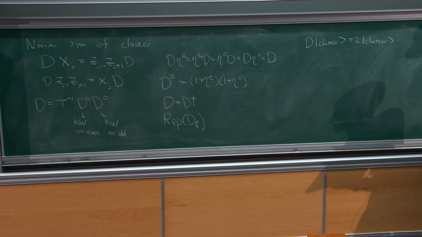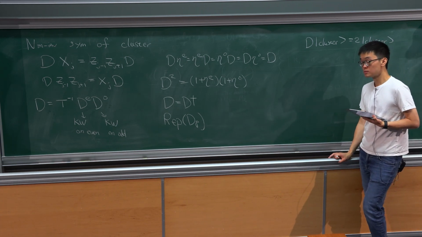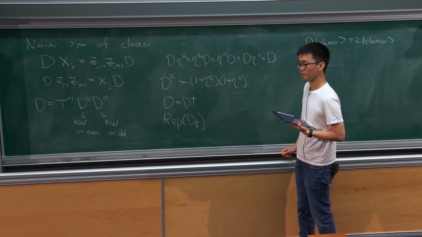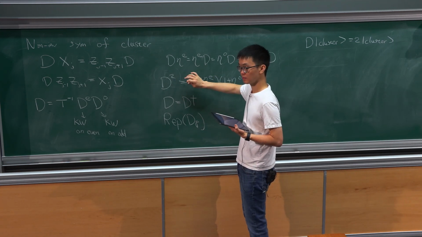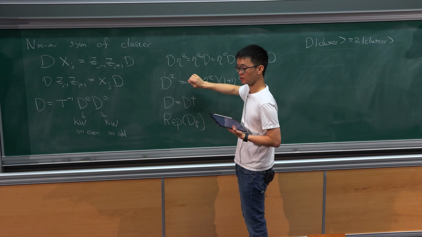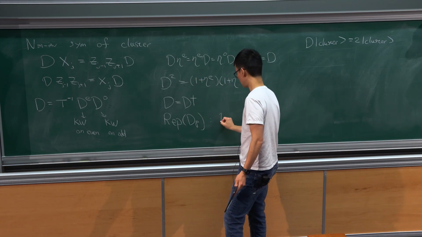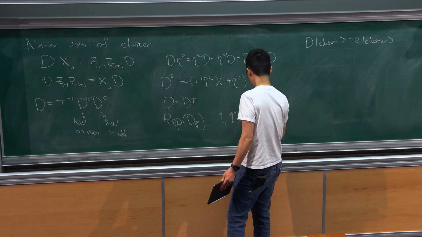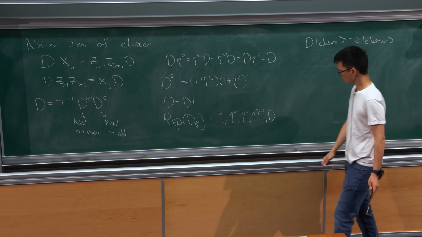In Rep D8, will D, eta E, eta O be a simple object in Rep D8? So D times eta even? No, just D and eta E and eta O. Whether these three can be viewed as simple objects in Rep D8. Right. So the simple objects are 1, eta even, eta odd, eta even times eta odd, and D. I see.